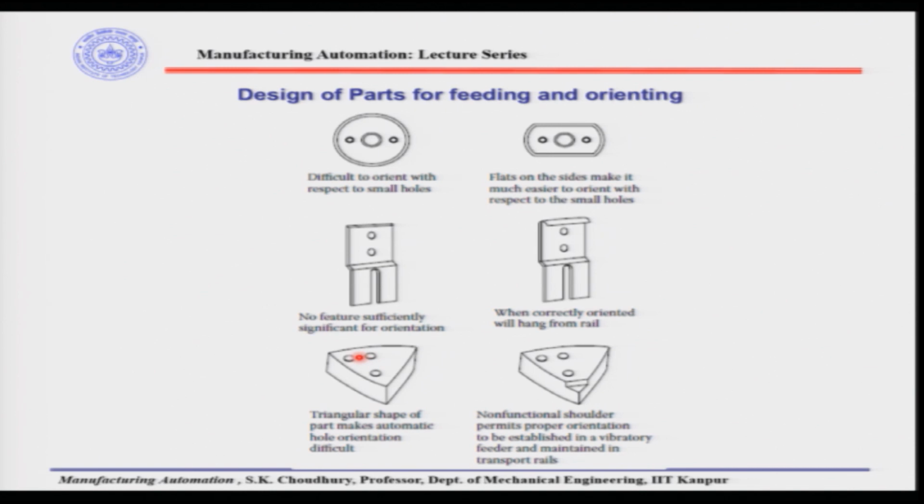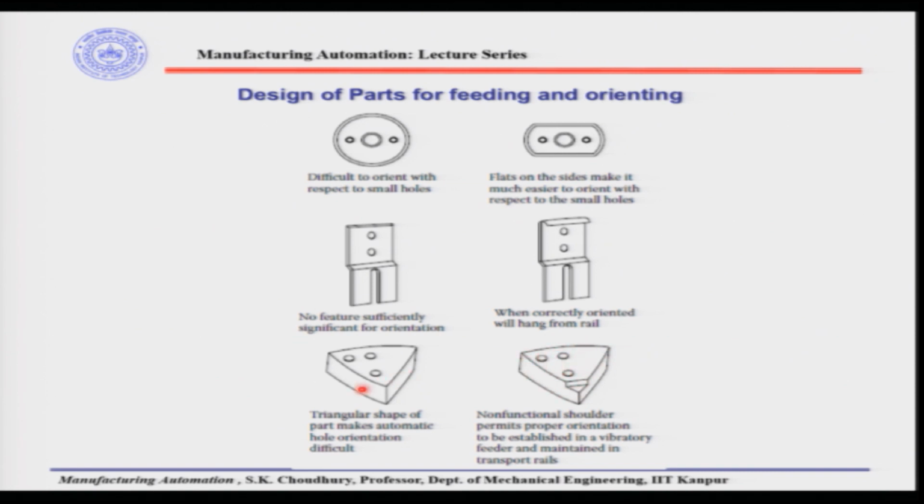Whereas, suppose we want the part to come in this orientation as it is given here. If we make a small non-functional change, and make a small shoulder like this, then this surface can be used to orient the triangular part with respect to these holes, for example.